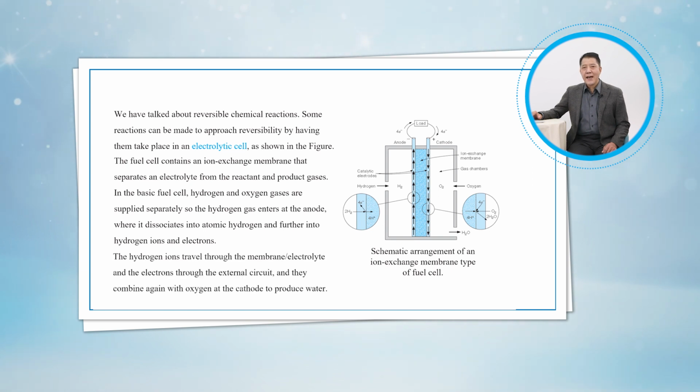The hydrogen ions travel through the membranes or electrolyte, and the electrons through the external circuit, and they combine again with oxygen at the cathode to produce water.